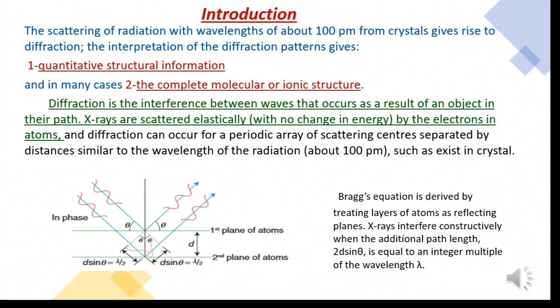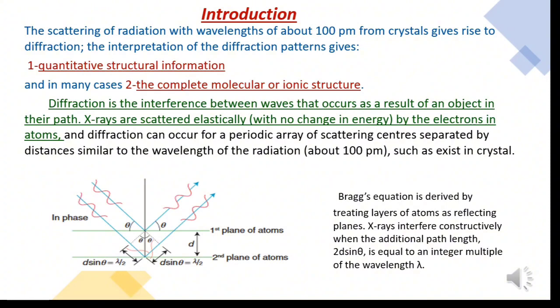X-rays are scattered elastically, with no change in energy, by the electrons in atoms, and the diffraction can occur for a periodic array of scattering centers separated by distances similar to the wavelengths of the radiation, about 100 pm, such as exist in crystals.